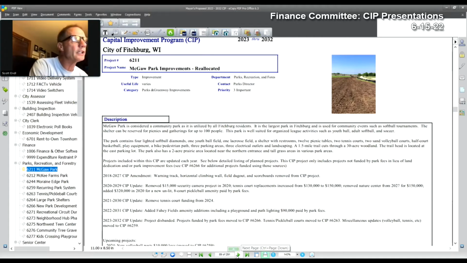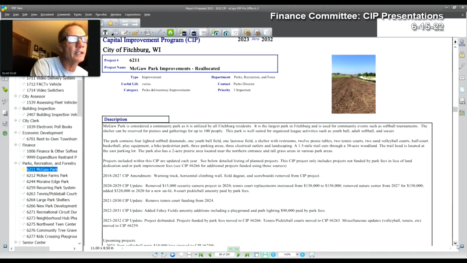The first one is McGaw Park. And you can notice here that this CIP is going to be disbanded. It's the last 2023 to 2032 CIP update. Projects funded by park improvement fees are going to be moved to CIP 6266, which we'll talk about in a little bit.